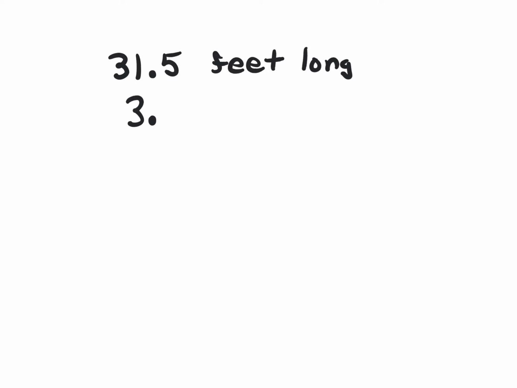So let's try a little word problem now. All right, in our school cafeteria, they're gonna set up some booths for a science fair coming up. Each row of booths is 31 and 5/10 feet long. Each booth is 3.5 feet wide.